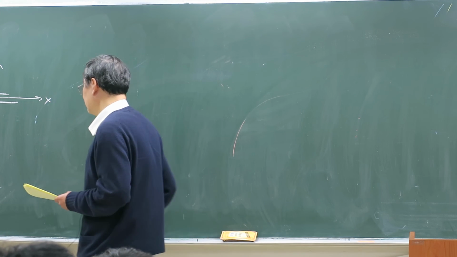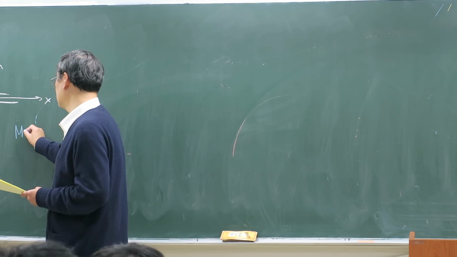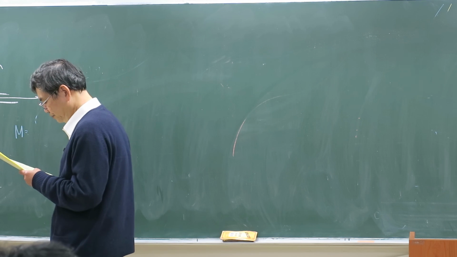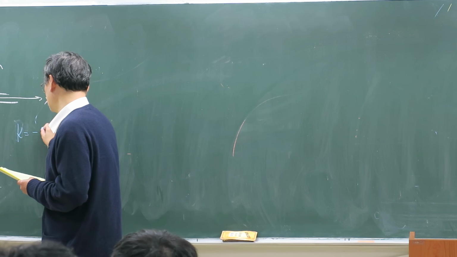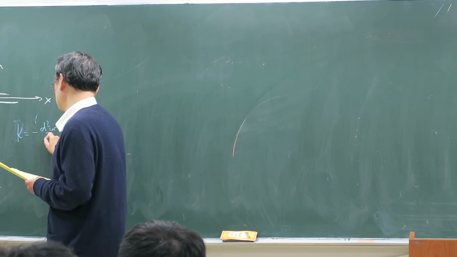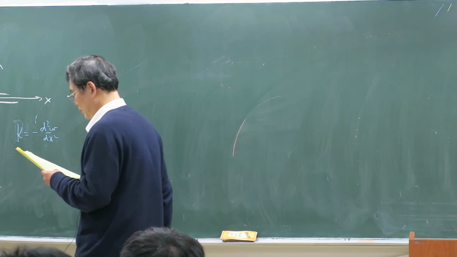And we also have the curvature equal to minus d²w/dx². The moment is equal to EI times curvature. We also have the strain equal to z times curvature.